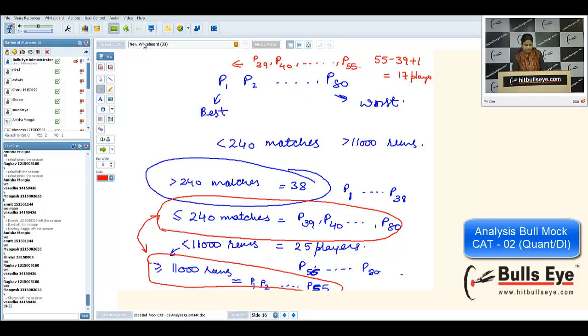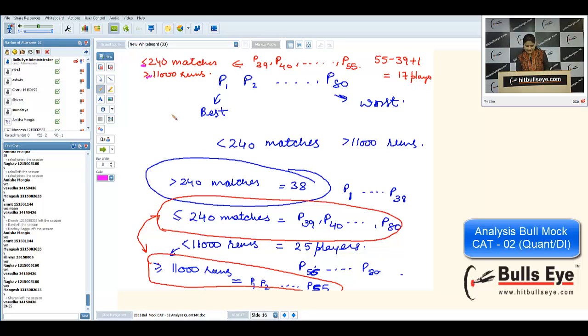What was that flaw? See, this range is for less than equal to 240 matches and greater than equal to 11,000 runs. But I need less than 240 and greater than 11,000. For this condition, there is one phrase, least number of players.